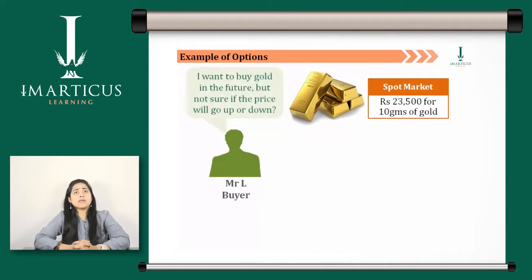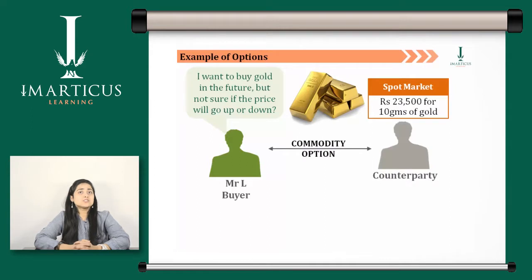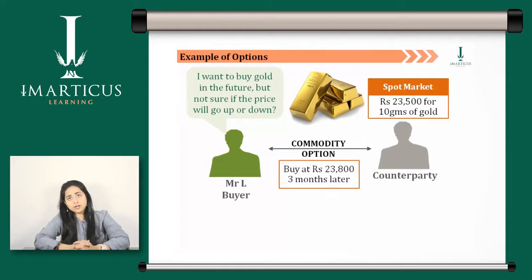He wants to buy gold 3 months hence but is not sure if the price will go up or go down. He enters into a commodity option where he can choose to buy gold at an agreed rate. Let's assume it's rupees 23,800 3 months later. He pays a premium to the counterparty to purchase this choice.